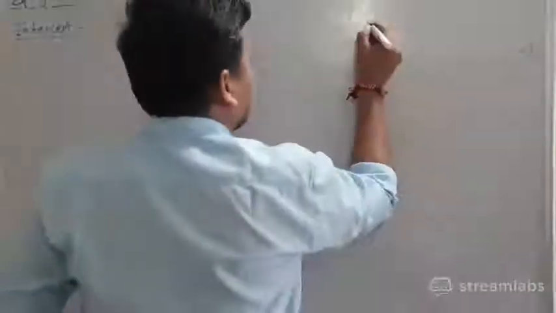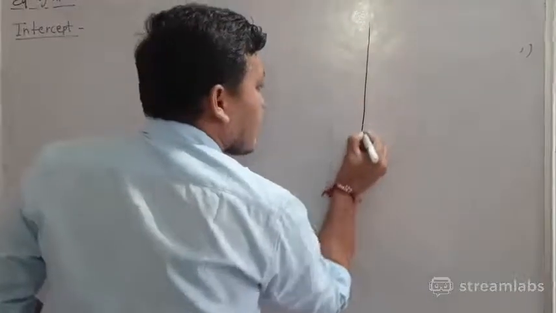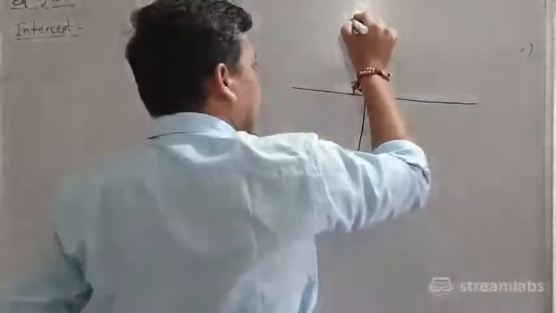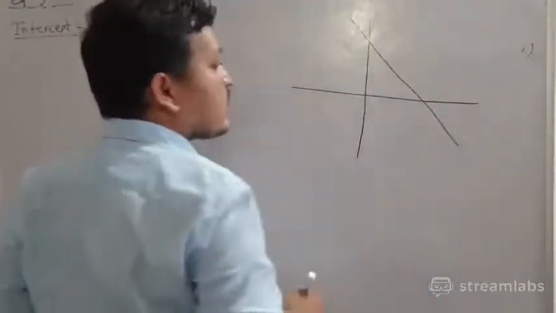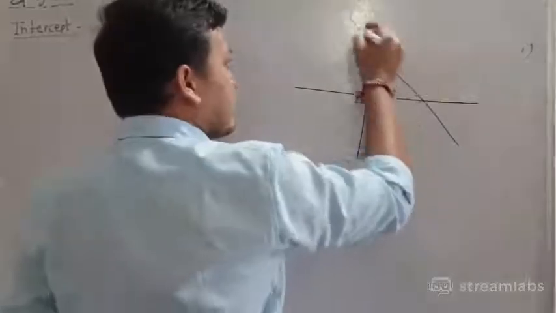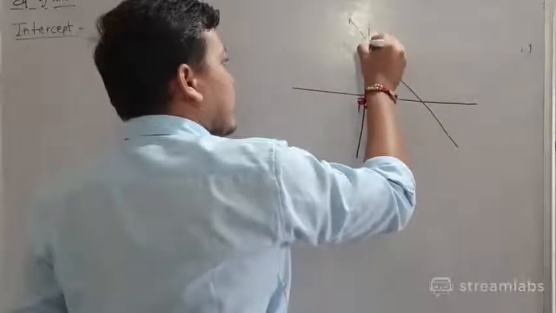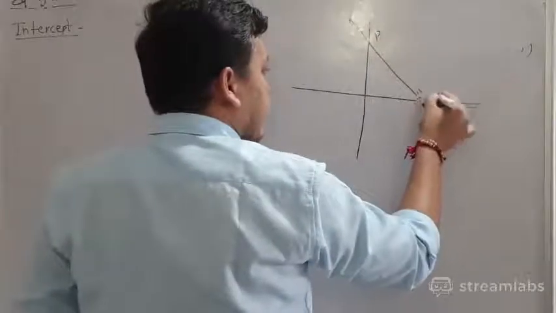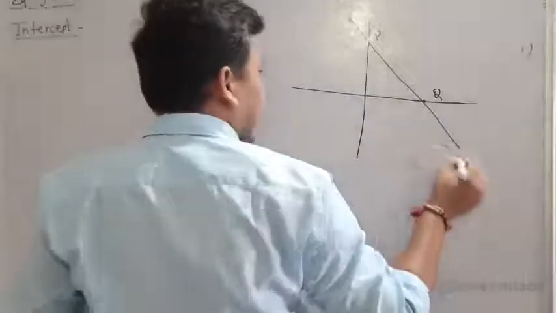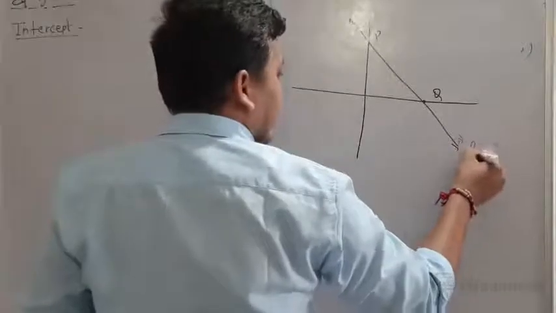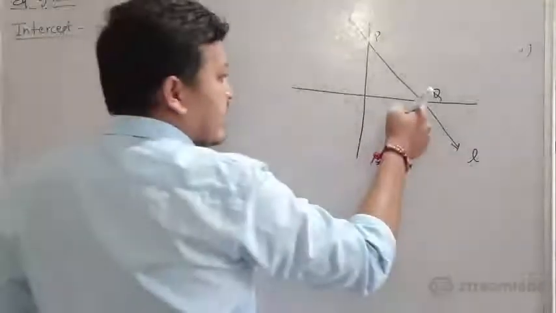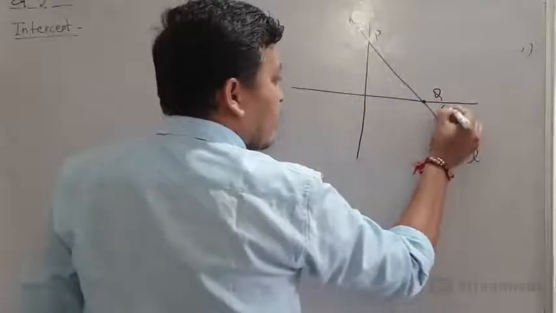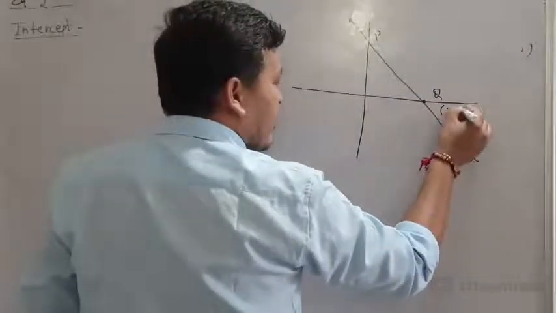Okay, suppose this is a quadrant, and one line is passing through the first quadrant, and it is intersecting the y-axis at point P and the x-axis at point Q. Let this line be L. This line is intersecting the x-axis at point Q, so let the coordinate of this point be x comma 0.